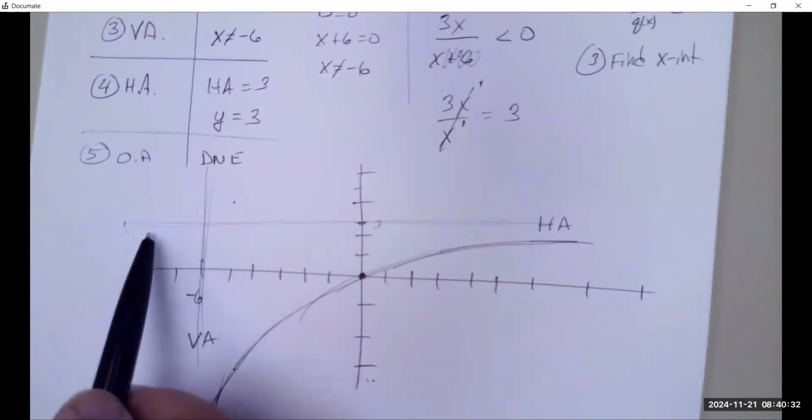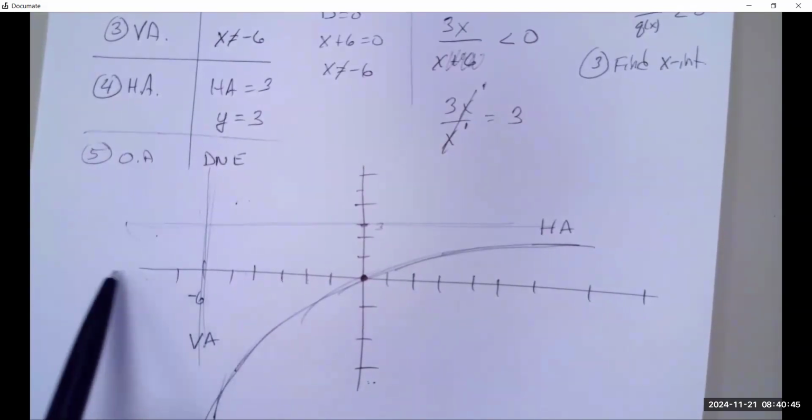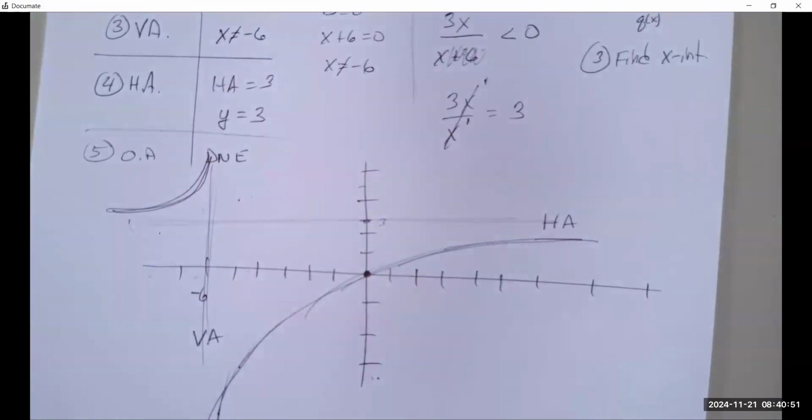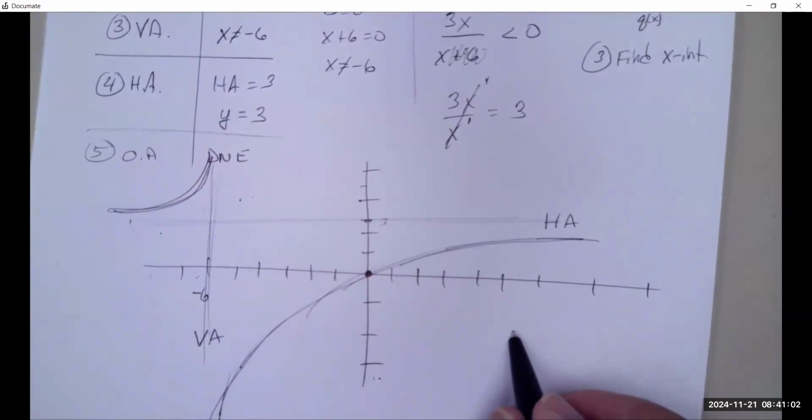Now we have to determine over here, does it go on top or does it go on the bottom? How do we know it doesn't go on the bottom below the horizontal asymptote? There's no x-intercept, so it has to go over here. So far, so good. So that's our graph.